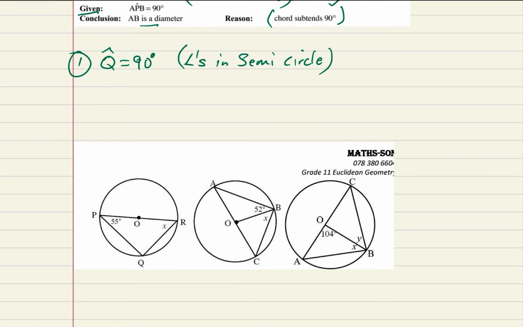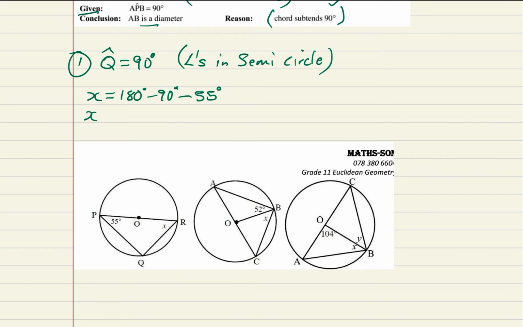If it's an angle in a semicircle, that means I can now use the sum of angles of a triangle. So x is equal to 180 degrees minus 90 degrees minus 55 degrees. But before we calculate, we need to know our reason.